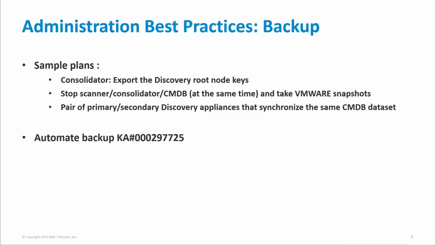I insist it is important to stop everything before taking a VMware snapshot, otherwise the restore will corrupt the data. In the third example, let's imagine that you have a pair of appliances to do the same thing. Using a pair of Discovery appliances would allow you to immediately start using the second one if the first has a problem.